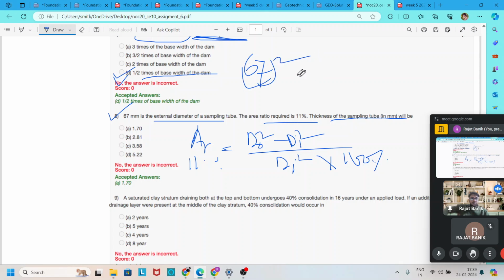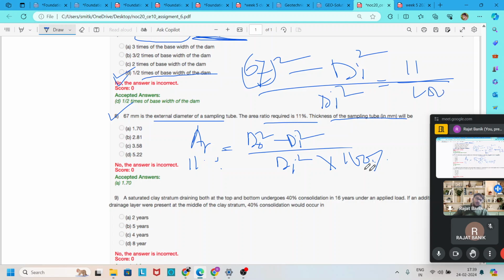So (Do square minus Di square) divided by Di square equals 11 by 100. We move 100 to the left side, multiplying both sides.